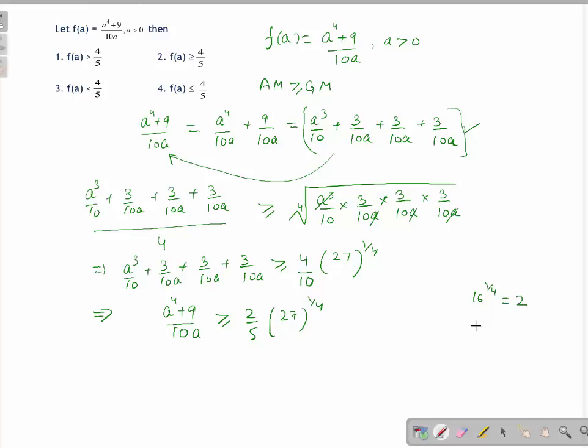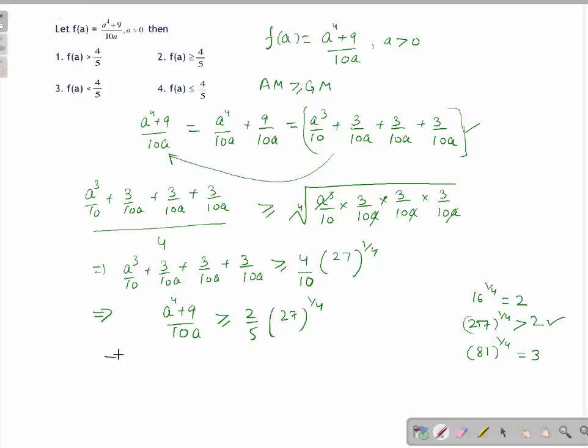That means 27 raised to power 1 by 4 will be greater than 2. We can check it here. 81 raised to power 1 by 4 is equal to 3. That means 27 raised to power 1 by 4 will lie between 2 and 3. Or I can say that 27 raised to power 1 by 4 is greater than 2.